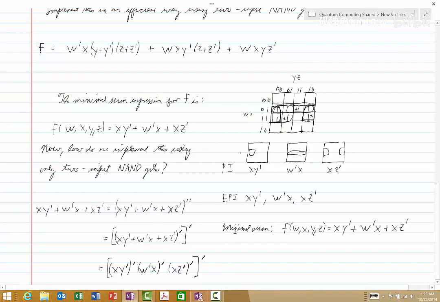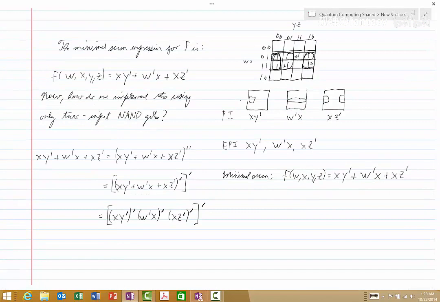Now, just to make sure that what I said earlier was clear, here we'll have x, y prime, that will get NANDed together with a 2 input NAND gate.